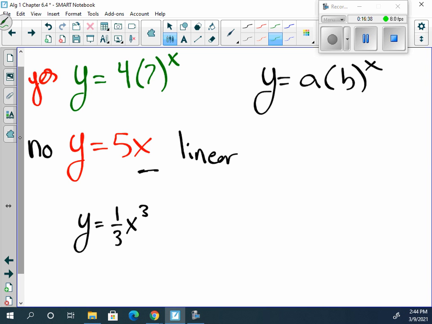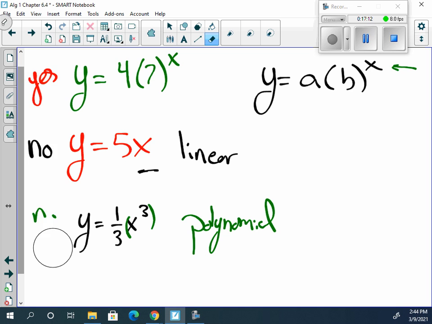Do we have b to the x, a number to a variable? Well, the x is to the third power, isn't it? But the variable should be in the exponent, yes? Is the variable in the exponent? No. So this is no. This is actually a polynomial function. So that doesn't work.